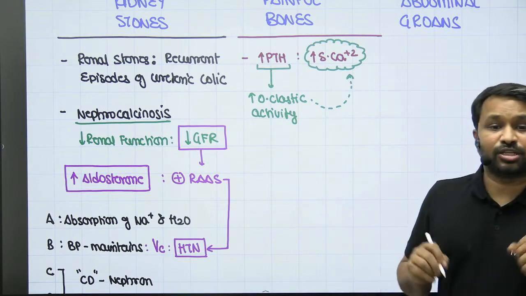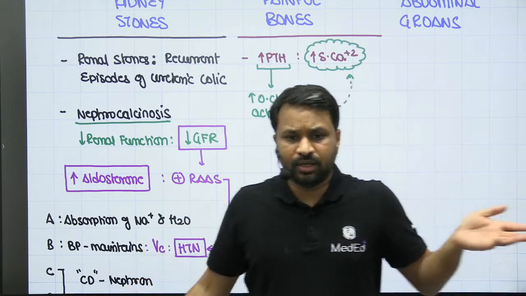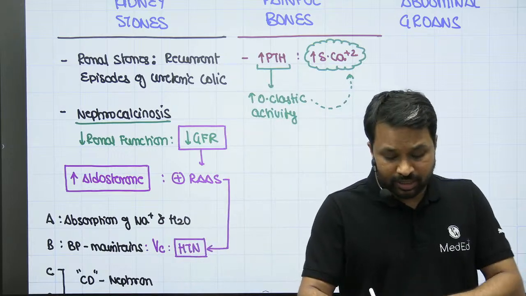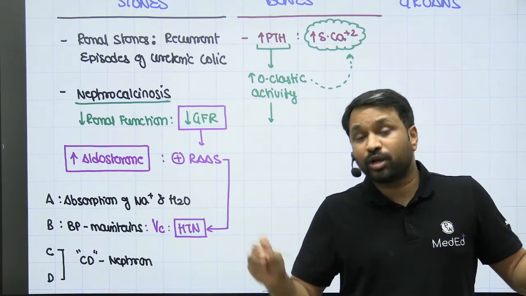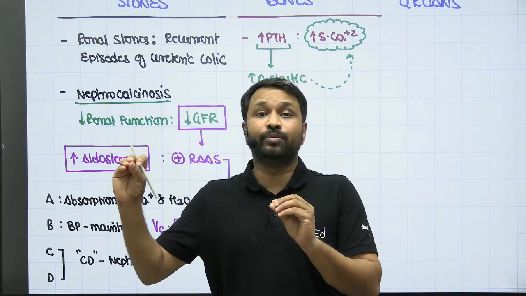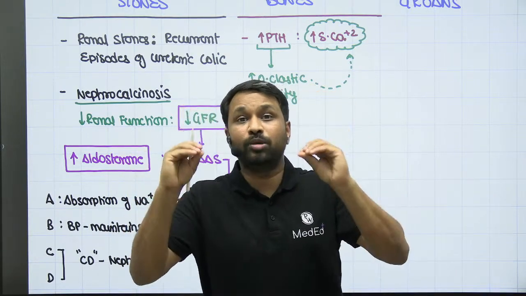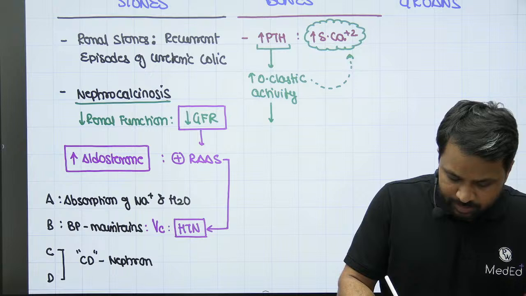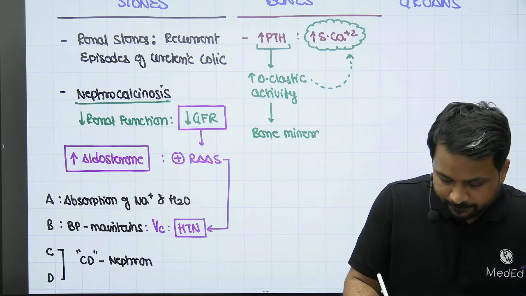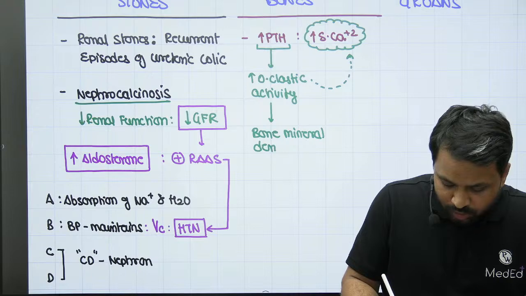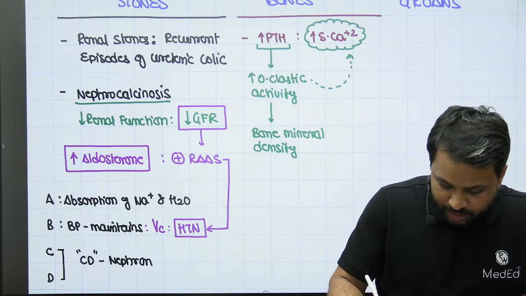So the serum calcium will increase, no doubt about it. But the concept here is, as more and more calcium goes from the bone, what is going to happen? The bone mineral density, which we call BMD, is going to decrease.